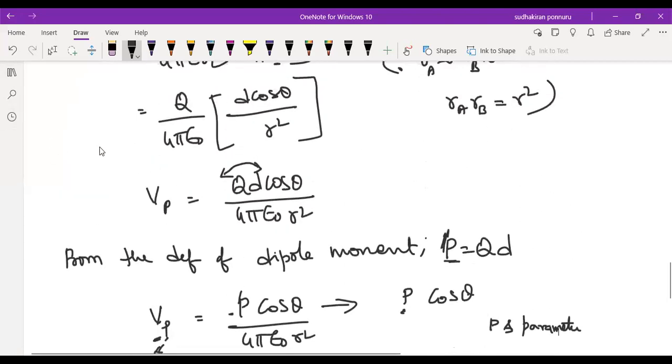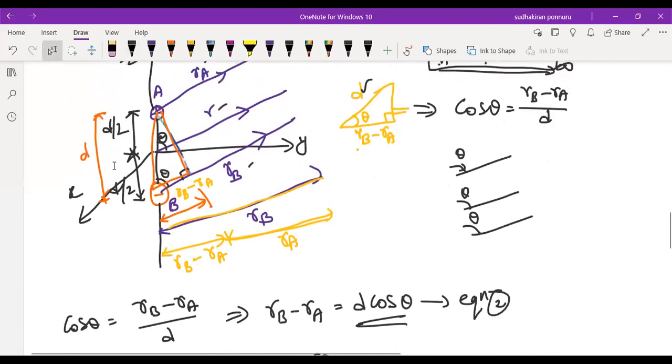If you observe this diagram, what is theta? Theta is nothing but the angle made by this dipole with the parameter, which is our r. So theta is the angle between the dipole and the r.